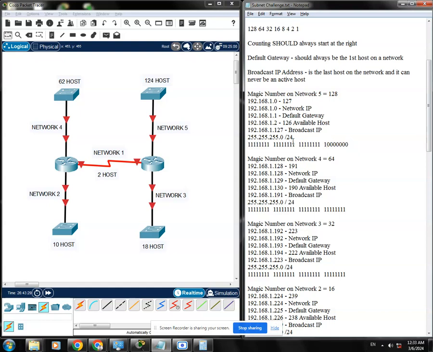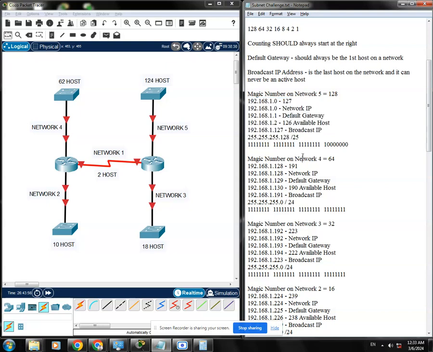So instead of /24, it will become /25. And for this 0, we need to include this number. This number is equal to 128, so we change this 0 to 128. This is now the subnet mask that we need to use on this network.